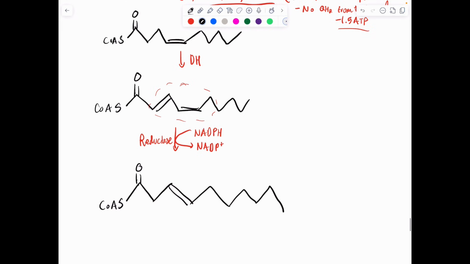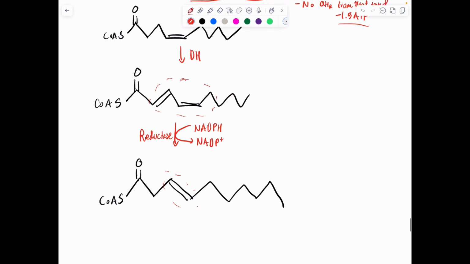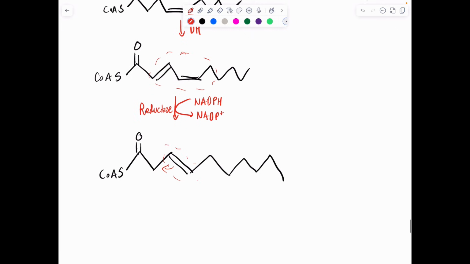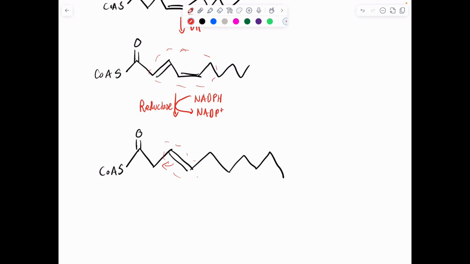All right, cool. So you will end up getting this molecule, but if you notice, this trans double bond is not in the location we need it to be, right? We need it to be over on this side, so that's a substrate of beta oxidation. That's where our next hydration step can happen. And so we are going to run this through one more isomerase.